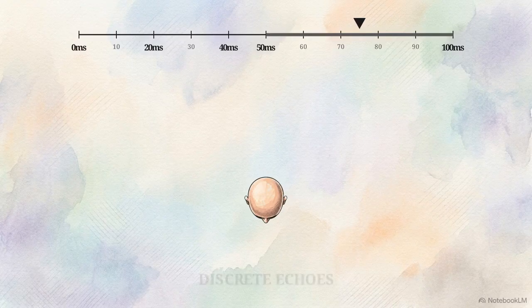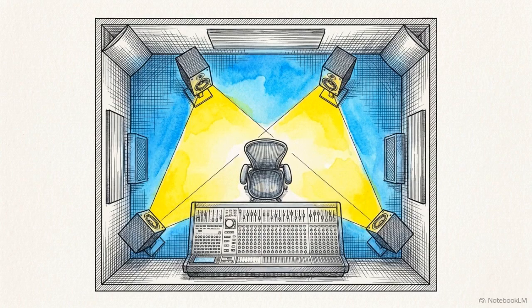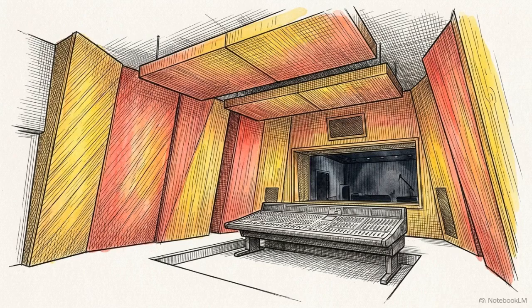Reflections that arrive after 50 to 100 milliseconds are processed differently. The brain resolves these as distinct, distracting echoes. The primary objective in studio design is the total elimination of any reflected sound falling into that 0 to 5 millisecond window. Because the brain cannot untangle these earliest reflections from the true signal, they must be managed architecturally.